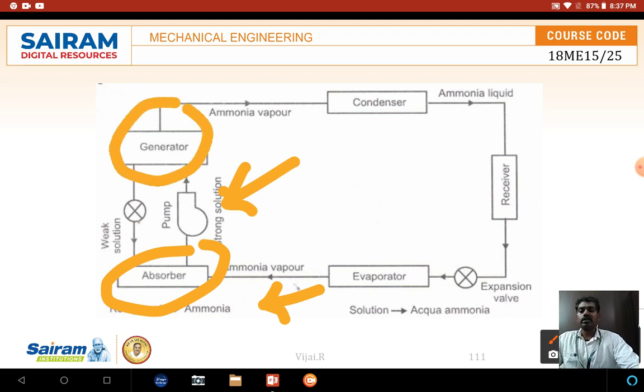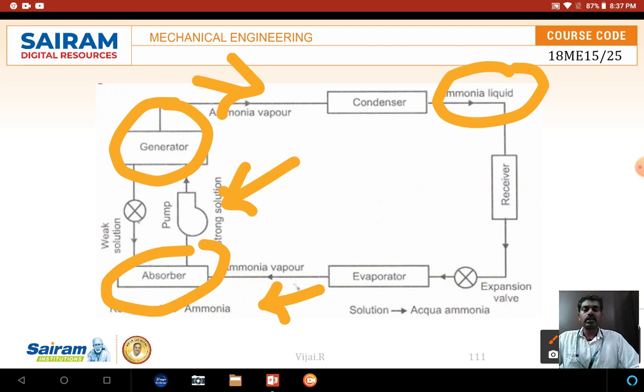In the generator, a heating coil is used, and it heats the ammonia solution, and the ammonia vapor is separated, and the ammonia vapor again passes to the condenser, and there the ammonia vapor becomes ammonia liquid. After condensing, the ammonia liquid passes through the expansion valve, and again enters the evaporator.